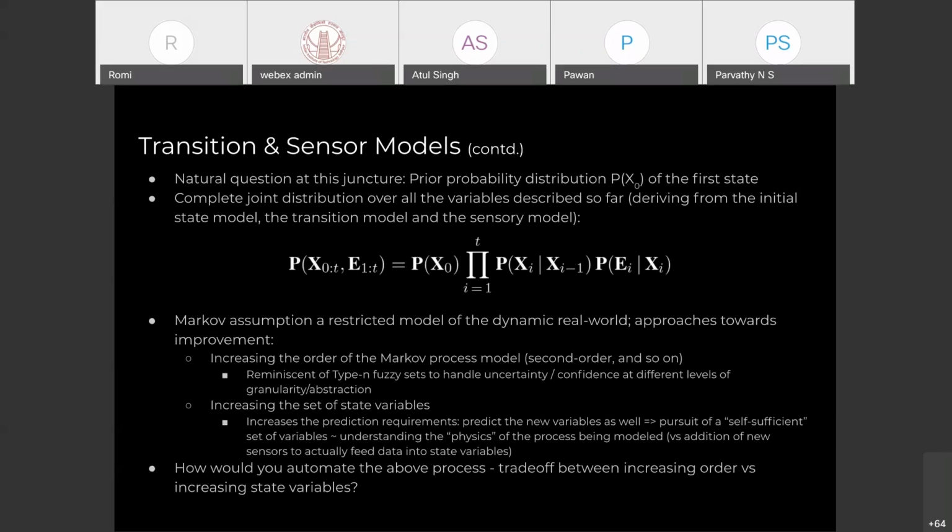Now when I have to model my entire scenario, this is my entire equation. This is just a generic equation to represent the entire model as a combination of the initial state, the transition model, which is from state to state, as well as my sensor model, which is from state to an evidence, or rather it is the other way around, evidence to a state in the real world.